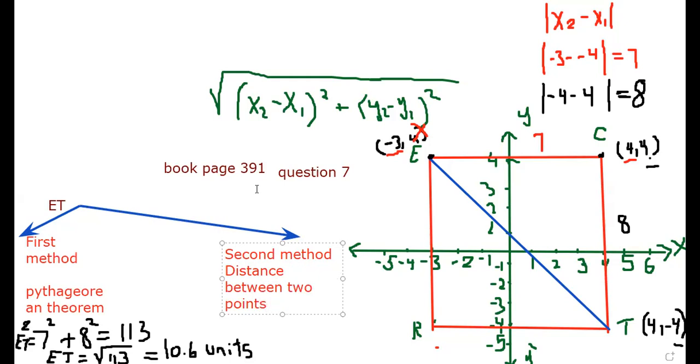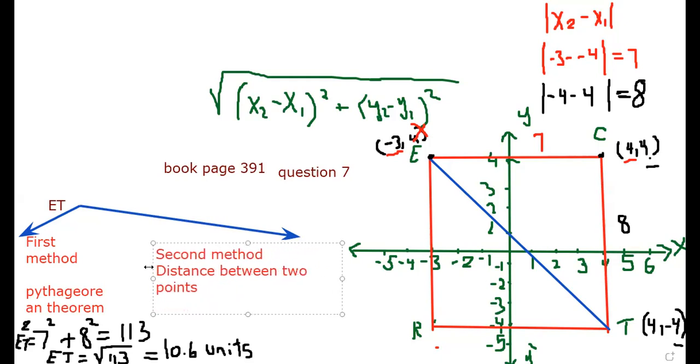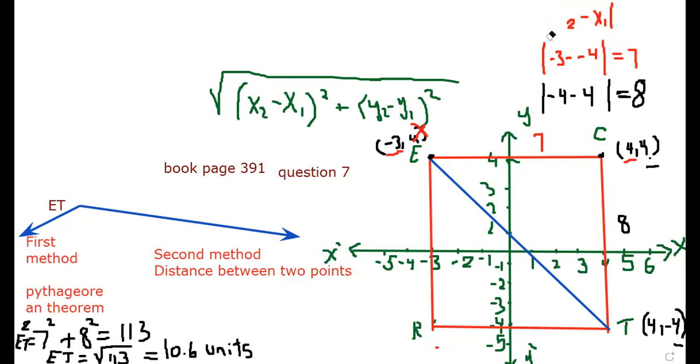Okay, so the first method was the Pythagorean theorem. But the second way is called what? Distance between 2 points. With distance between 2 points, I'm going to erase all the steps which we made. We will not use counting.